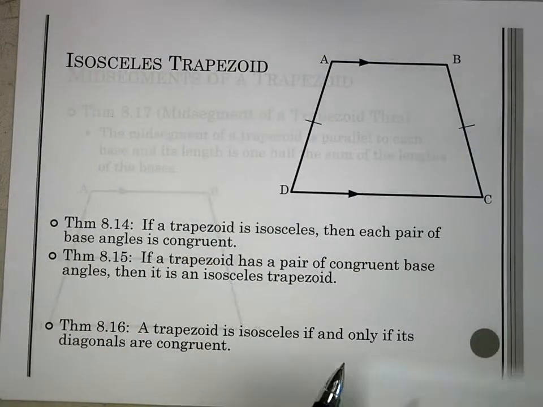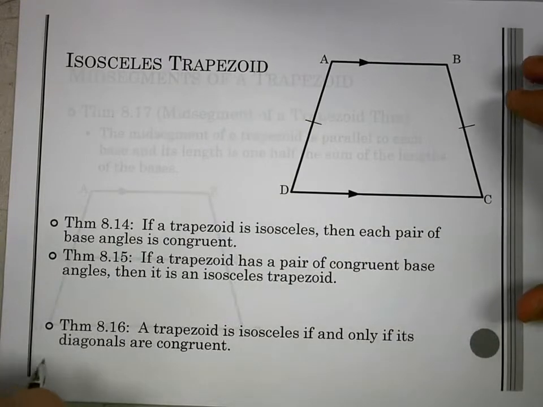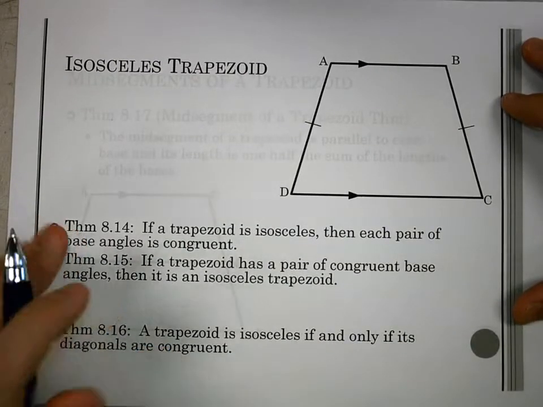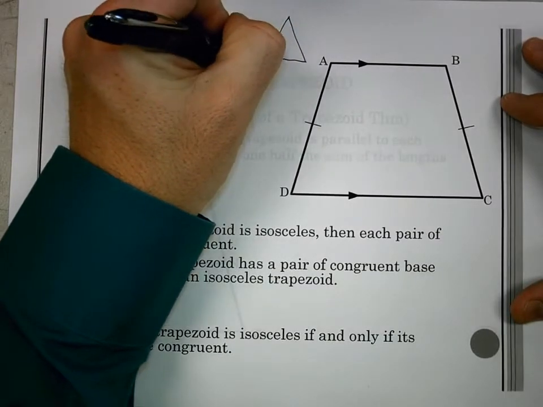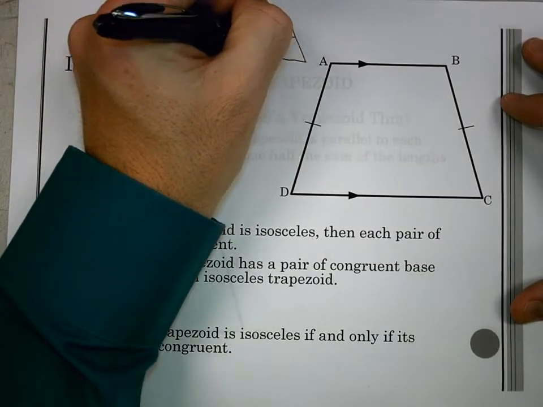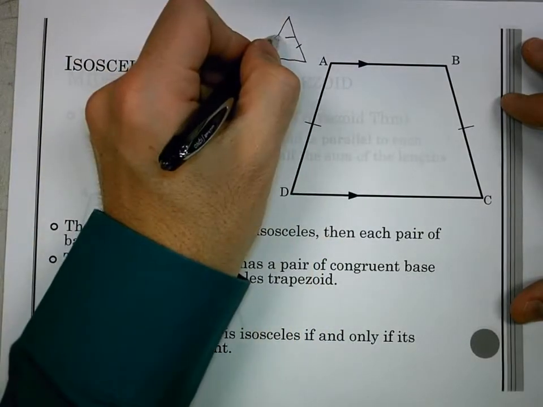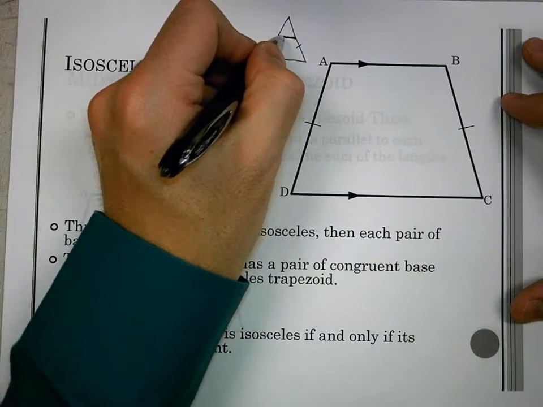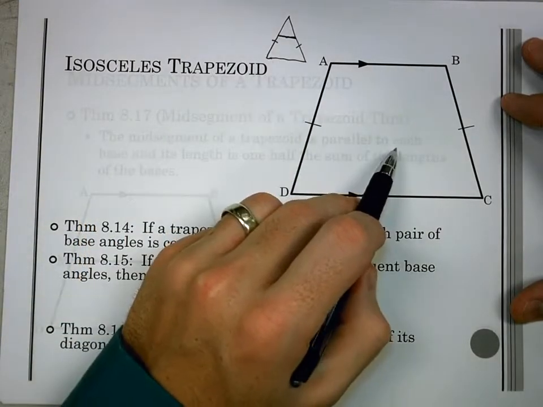Another trapezoid we have, and this will be a special case, is an isosceles trapezoid. We have seen isosceles before, when we talked about triangles. If I were to take an isosceles triangle and cut a parallel line across, I would essentially have an isosceles trapezoid, which is what we have here.